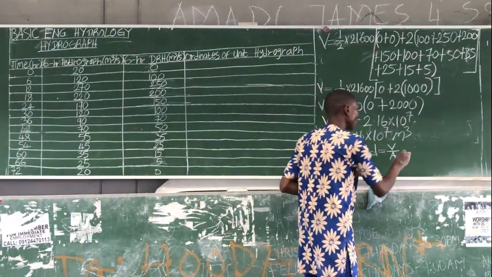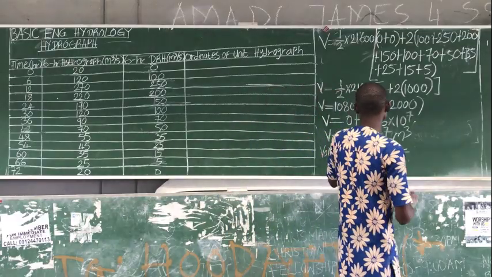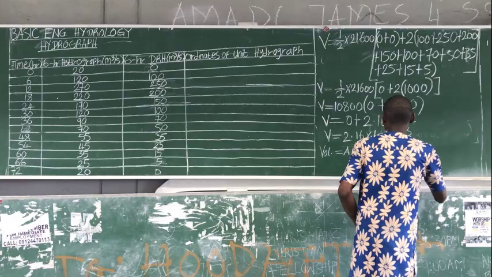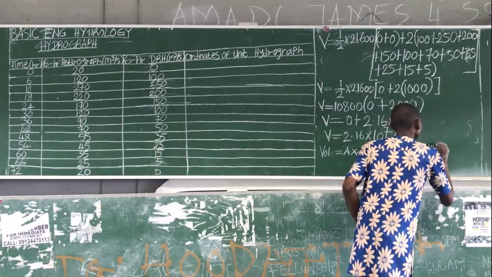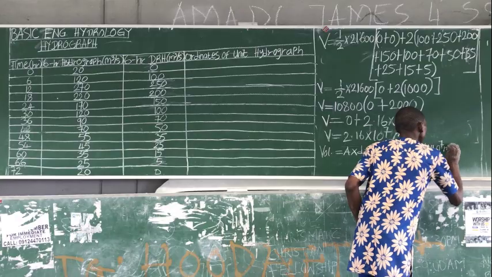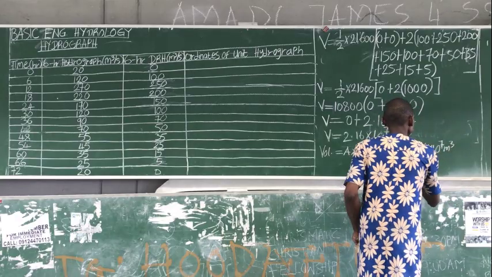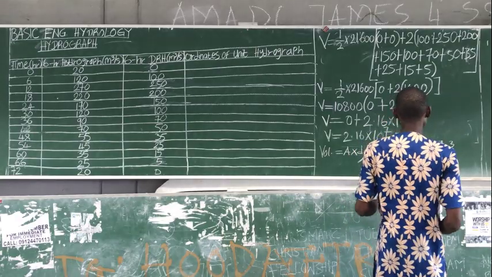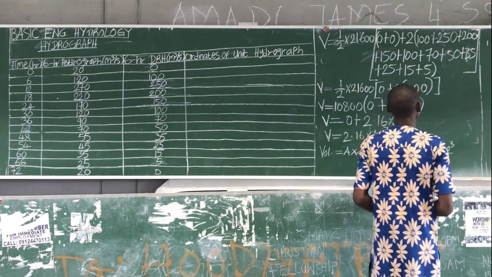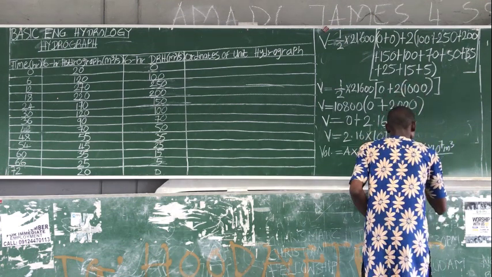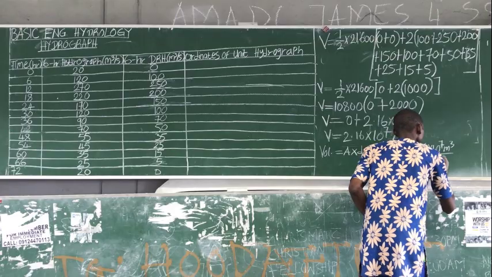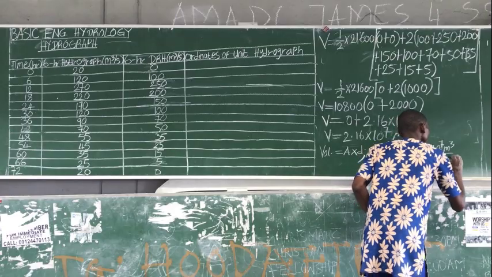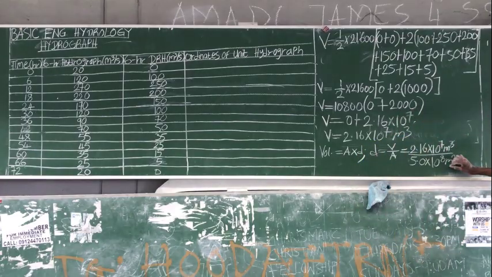So we have our depth equal to 2.16 times 10 raised to power 7 meter cube divided by our area, 5.0 times 10 raised to power 8 meter square.